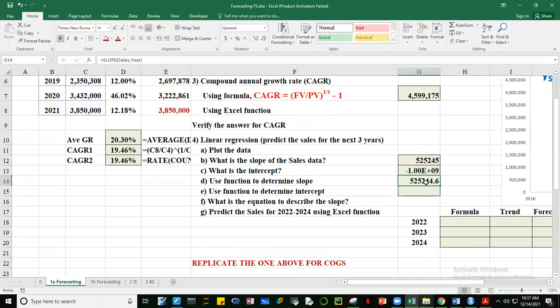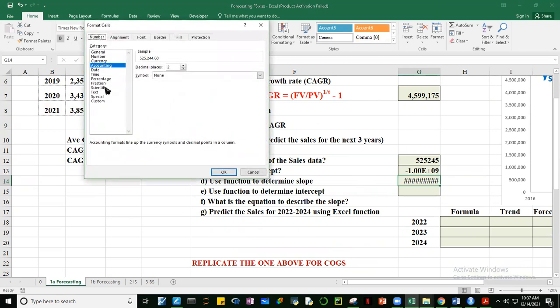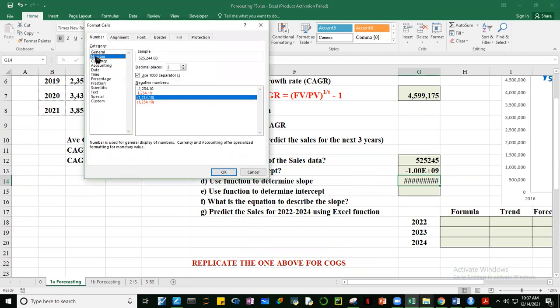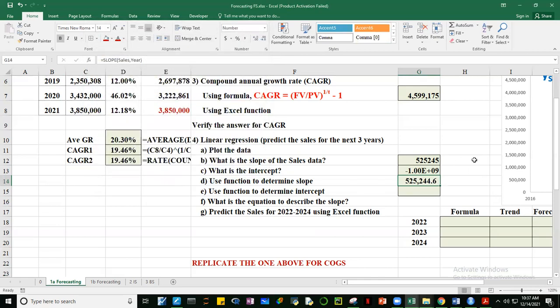Look, pareho siya, mas exact nga lang. 525. Let me just format ko lang kasi nag-accounting siya. Number lang. Tapos kahit 1 decimal place lang. Okay, 525,244.6. That's the more exact figure.